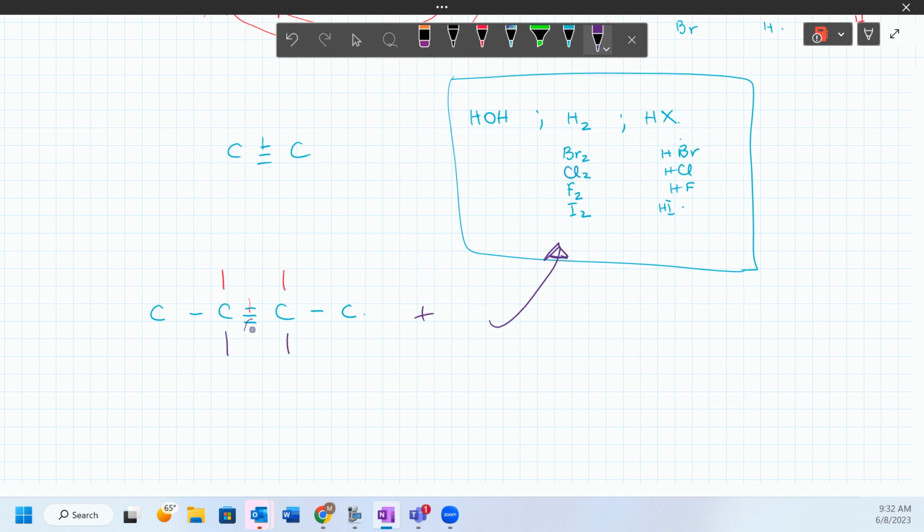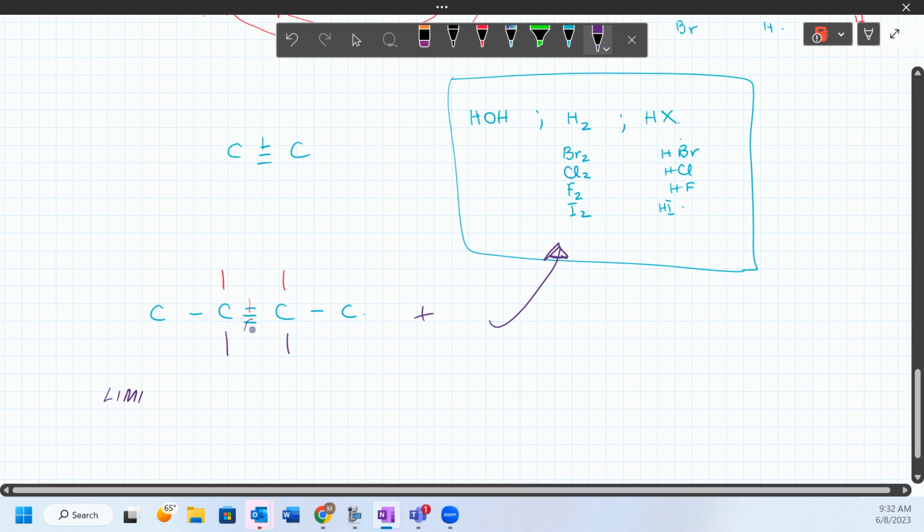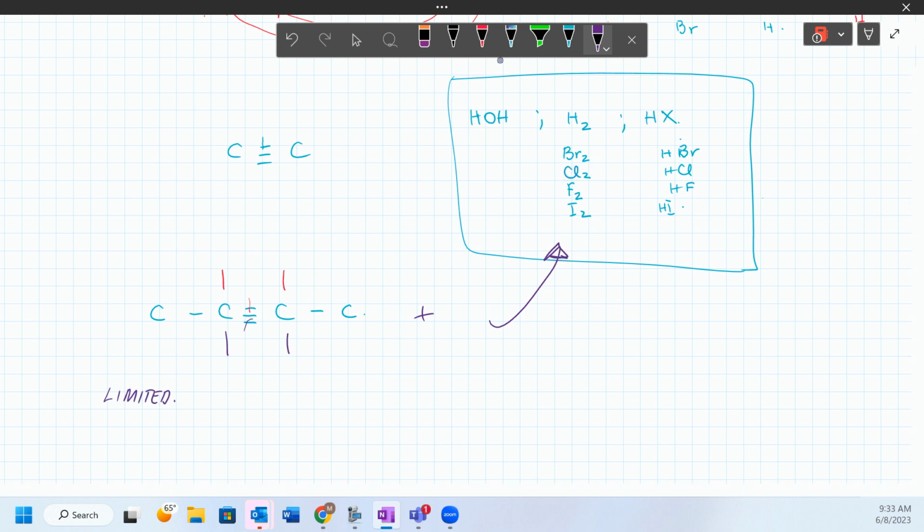Let's see the cases. Let's see the first one, when it is the limited amount of this part of the reaction. Okay, either water, a halogen gas, or HX where X is the halogen.